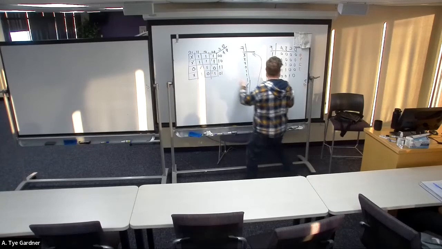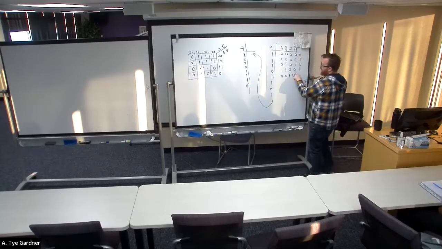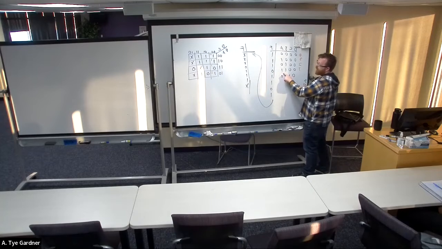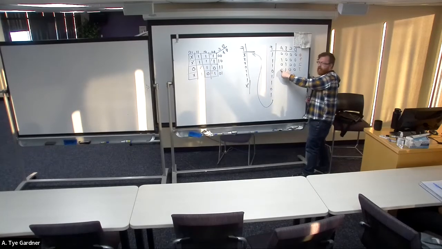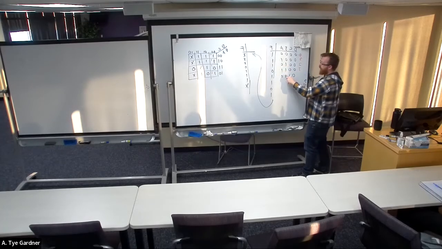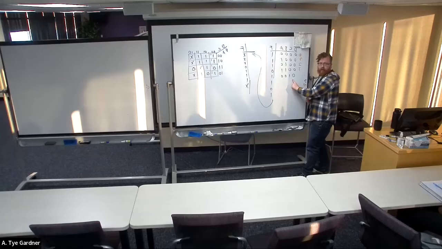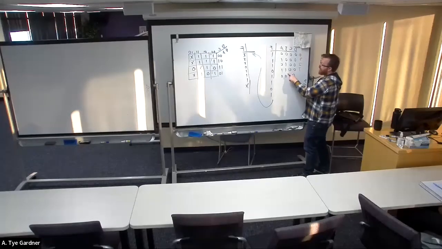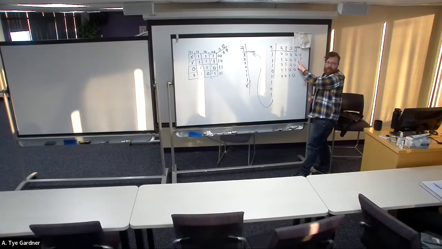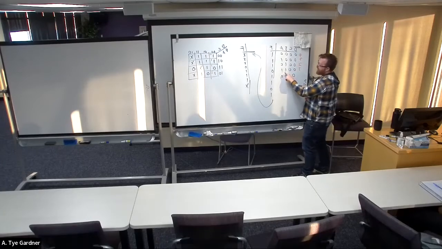Because 3 is logically adjacent to 2 because of this 1, 1. Only this variable changes, therefore logically adjacent, therefore it will simplify. 3 is not logically adjacent to 4, right? Because 3 of those variables change. However, it is logically adjacent to 1 because only the B variable changes. That's why I flip them.